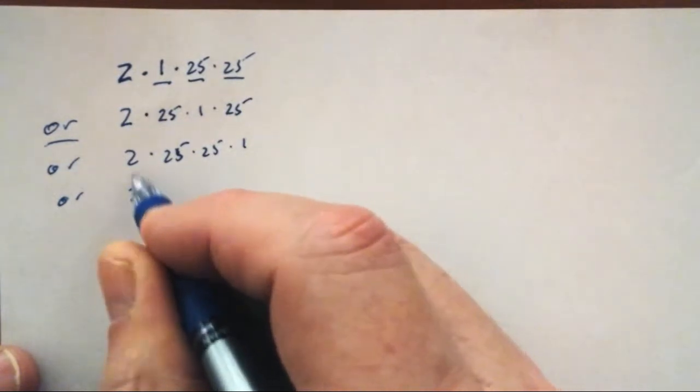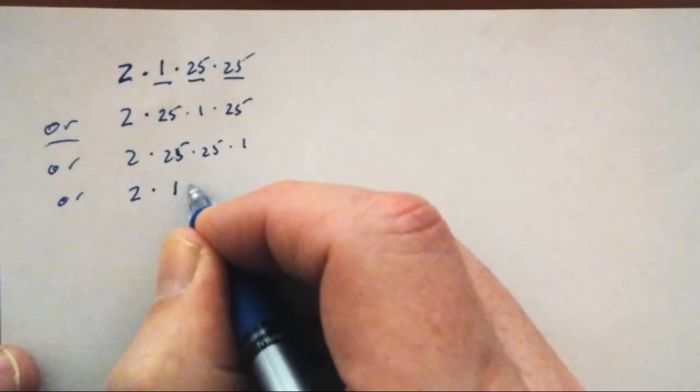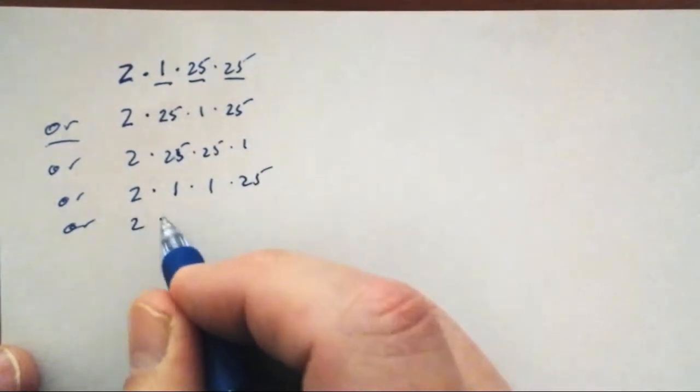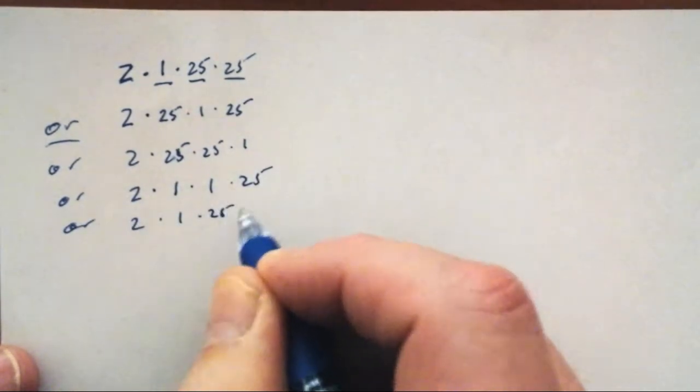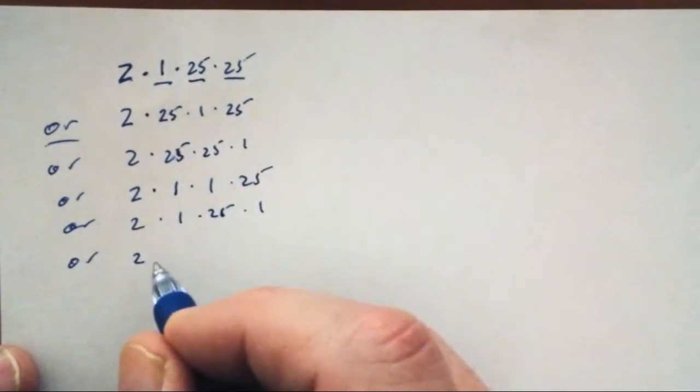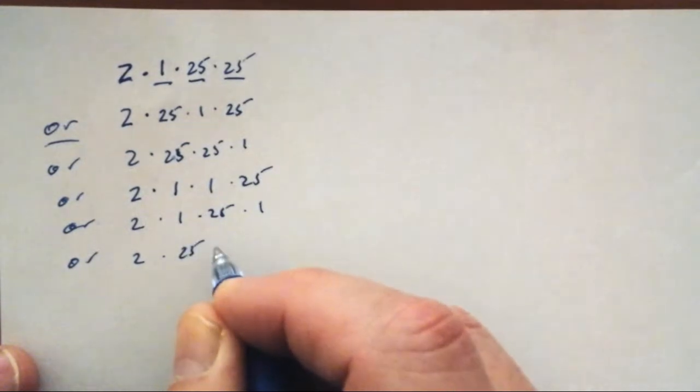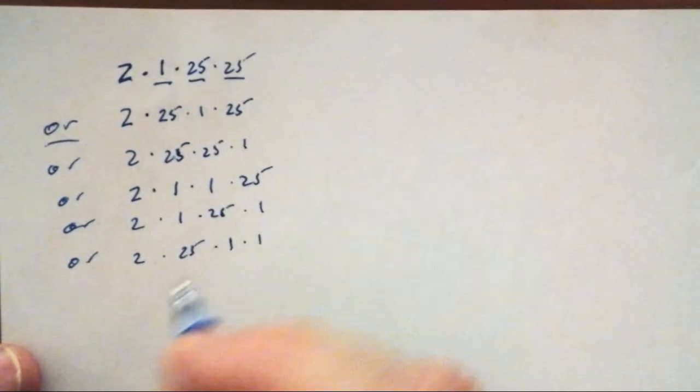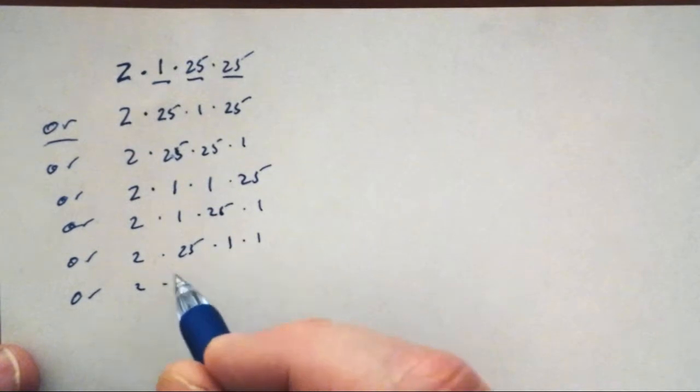I could have two choices here. Let's put a Q here and a Q here and not a Q there. Or let's put a Q here, not a Q there, and a Q here. Or let's put a Q here and not a Q, but a Q and a Q. Or let's put a 2 here and let's put a Q, and a Q.